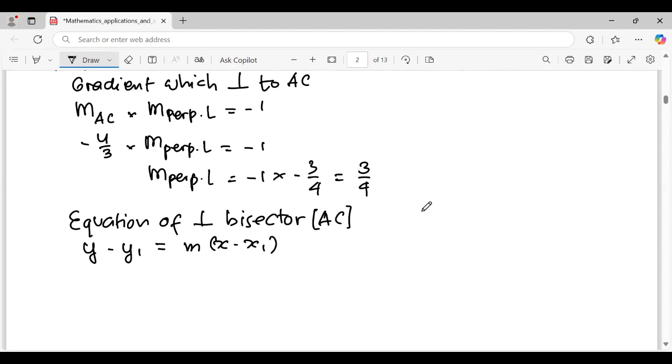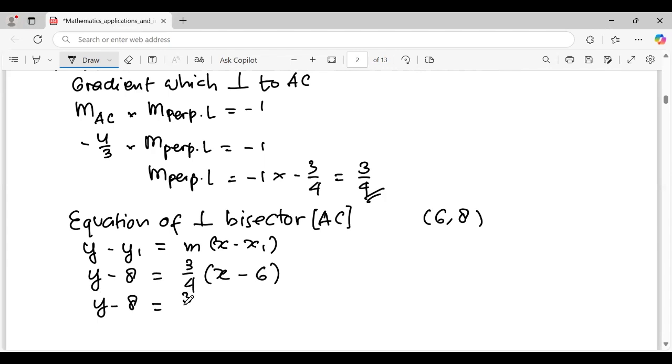The midpoint AC is 6, 8, and the gradient is 3 fourth. So y minus 8 equals 3 fourth times x minus 6. So y minus 8 equals 3 quarter x minus 18 quarter.